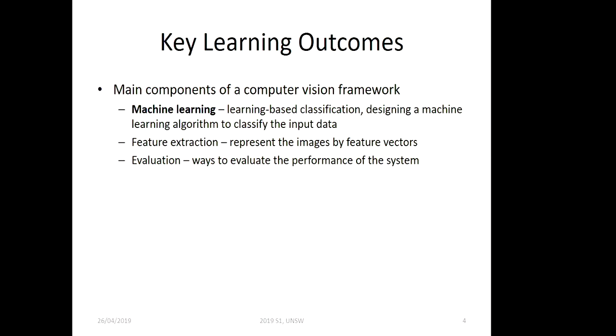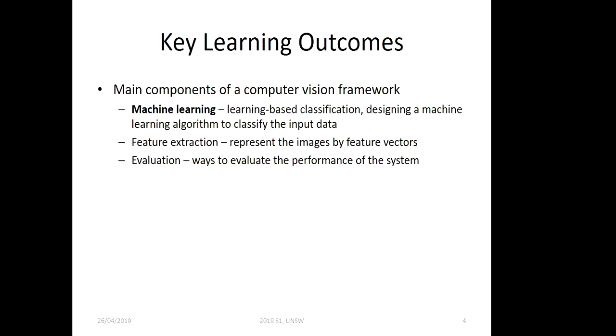It's about how you want to do learning-based classification. When you think about doing this application development, you need to design a machine learning algorithm to classify the input data. That's the most important component in modern computer vision frameworks, and that will also be the topic of this first hour of the lecture.